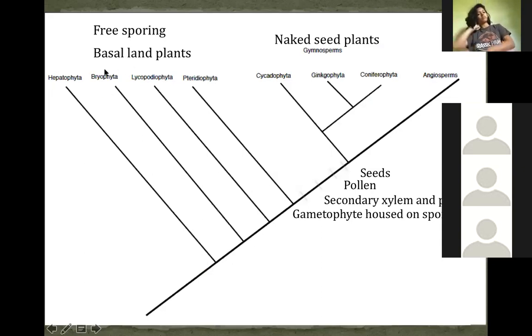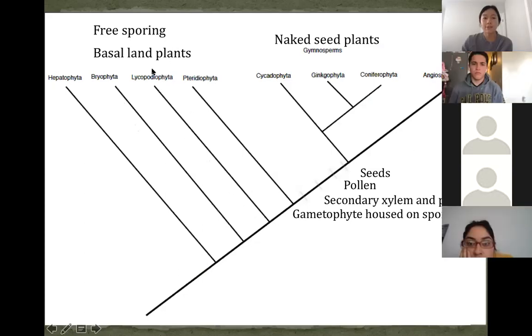And then we have the Bryophyta, which are the mosses. Again, these two groups together make up the non-vascular land plants. And then for the seedless vascular land plants, we have the Lycopodiophyta, which remember included the lycopods and Selaginella. And then we have Pteridophyta, which is actually the old name for the Monilophytes.